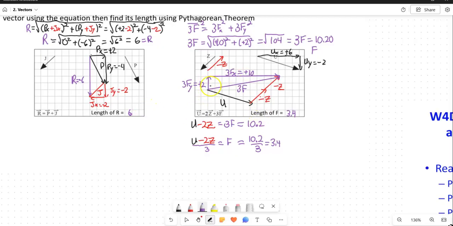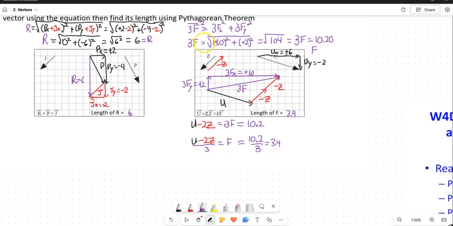But this one, whenever you're asked to figure out the vector that you have, go ahead and find that hypotenuse vector. Don't do the addition of the other two sides. Don't do ux and negative zx squared plus uy plus the negative zy squared.